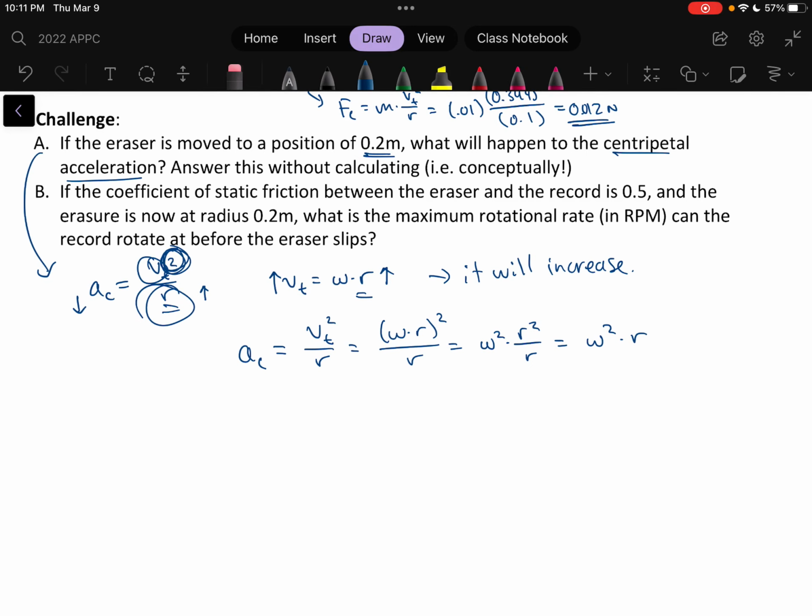Looking at the equation this way, it's a lot easier and quicker to see that if the radius increases and omega stays the same, since the record player is not turning any faster in terms of angular speed, then the centripetal acceleration has to go up as well. That's a tricky one.